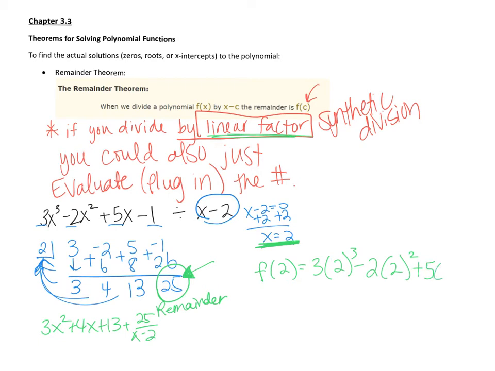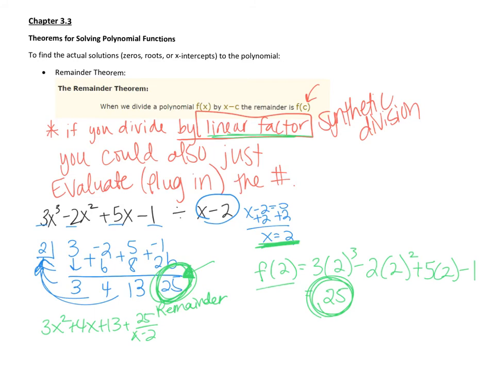So I'm going to evaluate, and when I simplify this, I end up getting 25. I notice that the number in the remainder of synthetic division is the same number I get when I simply plug it in. So that's what the remainder theorem says.